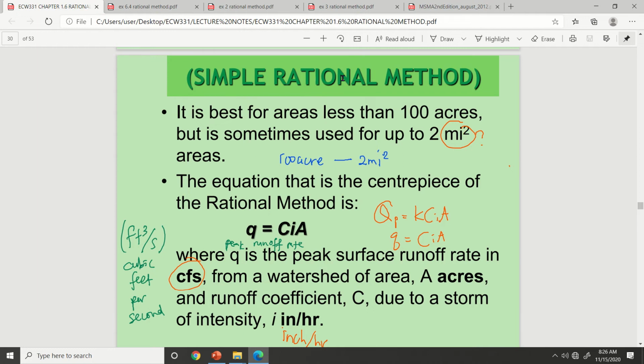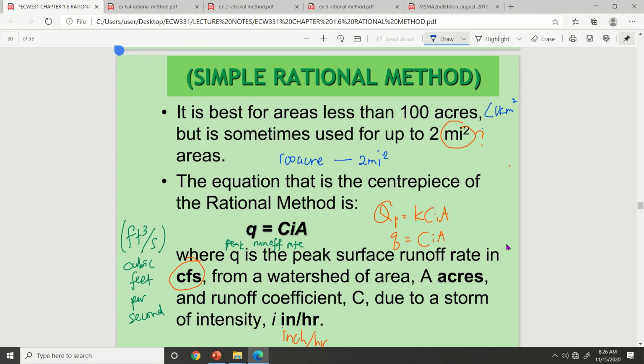So this simple rational method is best for area less than 100 acre or less than 1 kilometer squared. So you have to calculate whether the area is less than or greater than 1 kilometer squared.